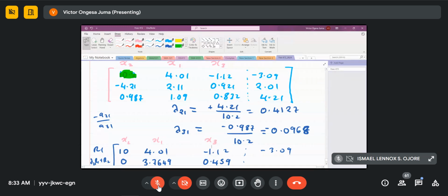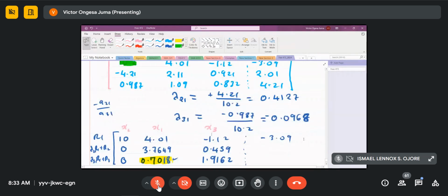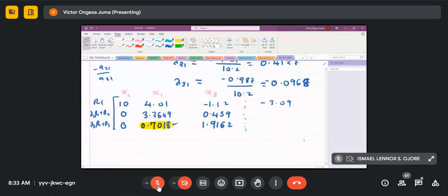And then plus 0.832. Yeah, you are correct. So you get 0.9404. Yeah, correct. And these are the variables.